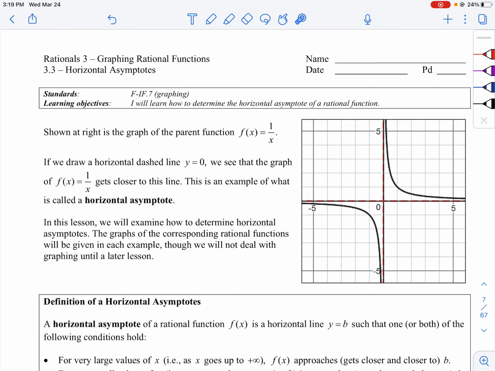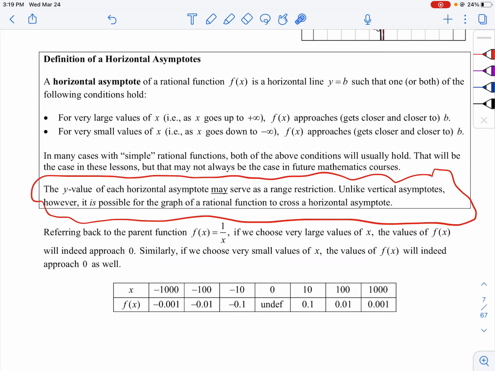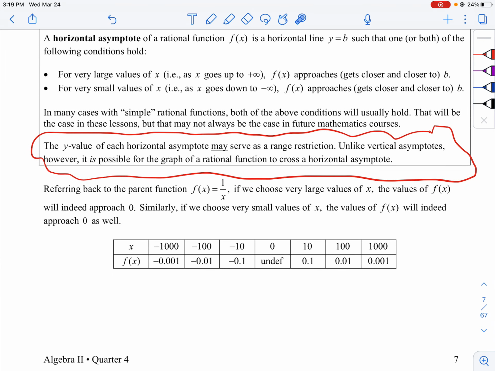The graphs of the corresponding rational functions will be given in each example, though we will not deal with graphing until a later lesson. Okay, if you have your packet printed, I would like you to highlight this whole entire thing. The y value of each horizontal asymptote may serve as a range restriction. Not a domain restriction, but a range restriction.